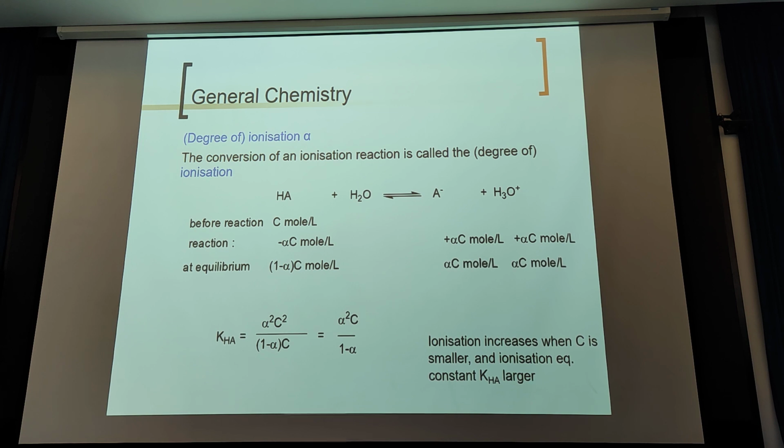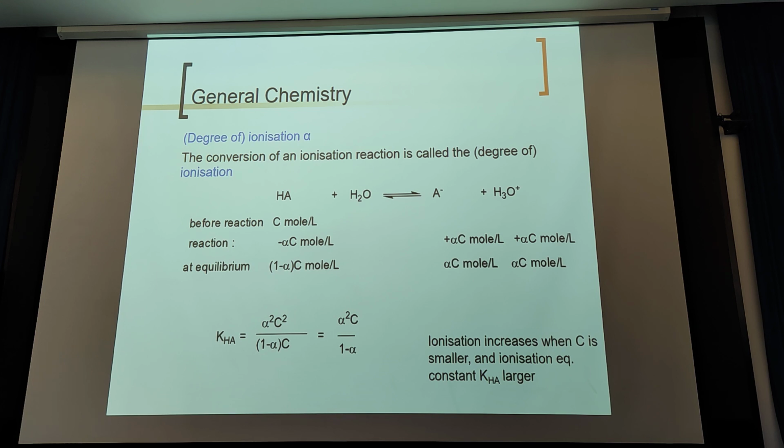What does this tell us? The ionization increases when the concentration is small. In other words, if we dilute our weak acid, more of it is going to split into ions.